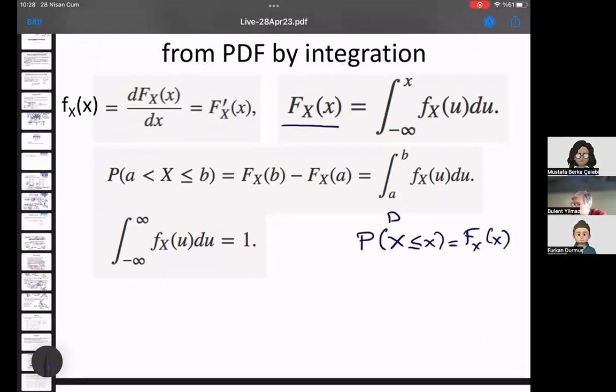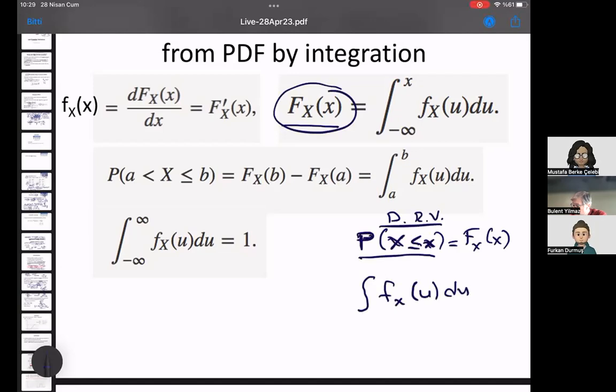In discrete random variables, it was the probability of x less than or equal to x. So I should do the same thing for continuous random variables. This time I'm not going to use the probabilities, but the probability density function. Okay, f of u du from minus infinity to x.